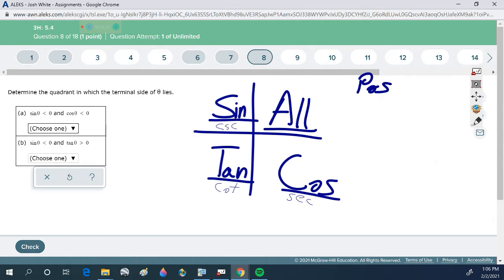Which one has both the sine and the cosine negative? Would have to be in 3. Because only the tangent and the cotangent are positive in 3. And the next one, sine is negative and the tangent is positive. That would also be 3. Okay? Do those make sense?